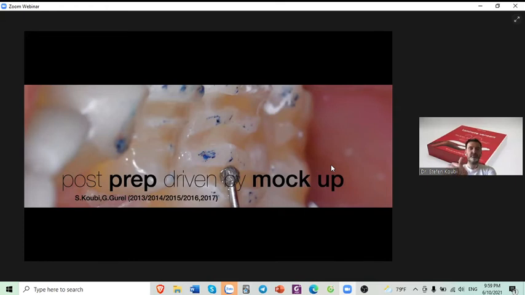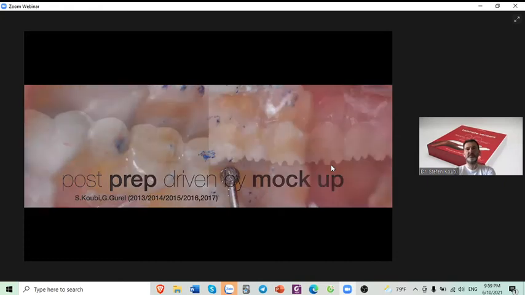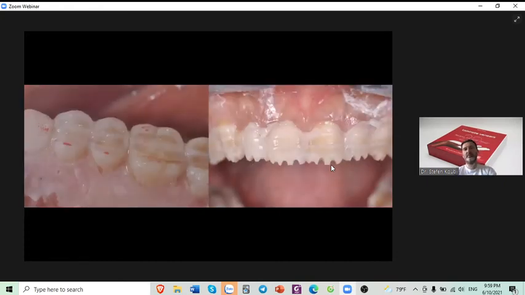The two lateral grooves are placed 1 millimeter below the summit of the cusp, and the one in the middle is placed from the central fossa from mesial to distal. So at the end, we are completely in a guided concept in anterior and in posterior as well.